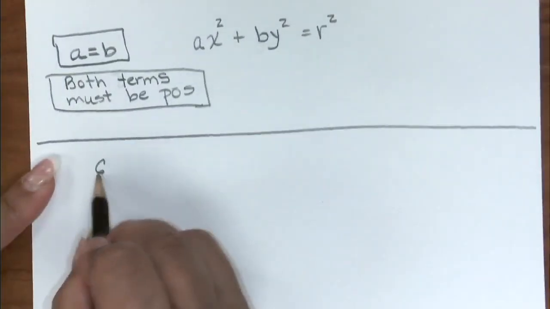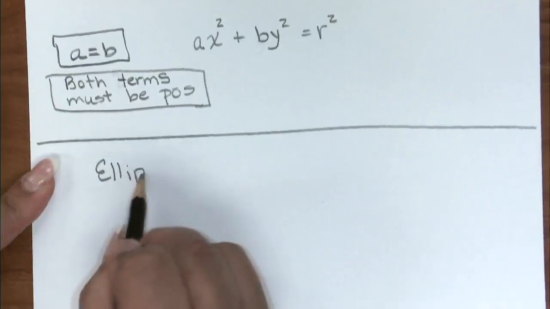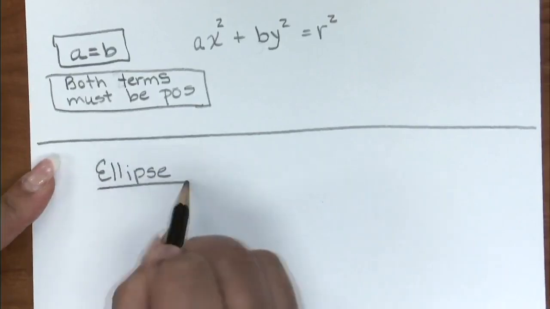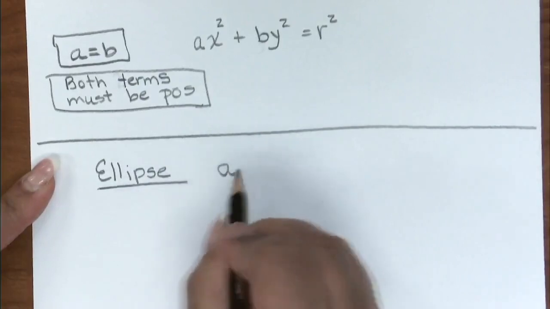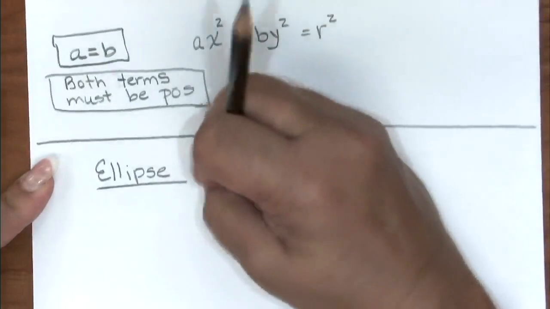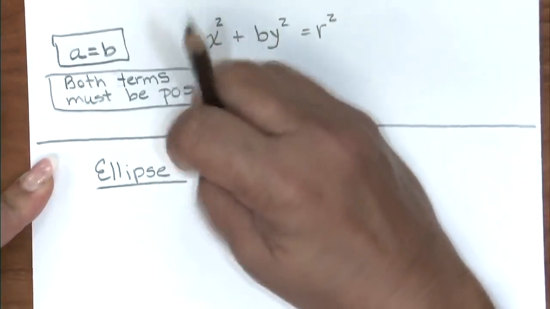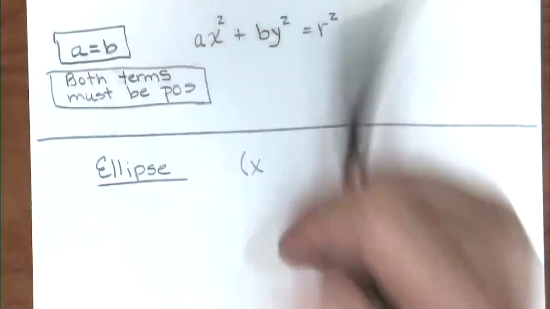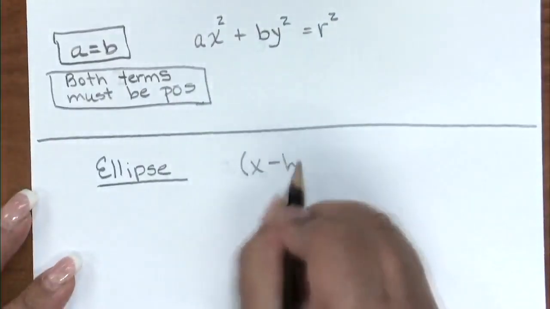Okay, so let's see. What else do we have? Okay, well, we could have an ellipse. Kind of looks like a circle, but it's flattened out. That would look like this.